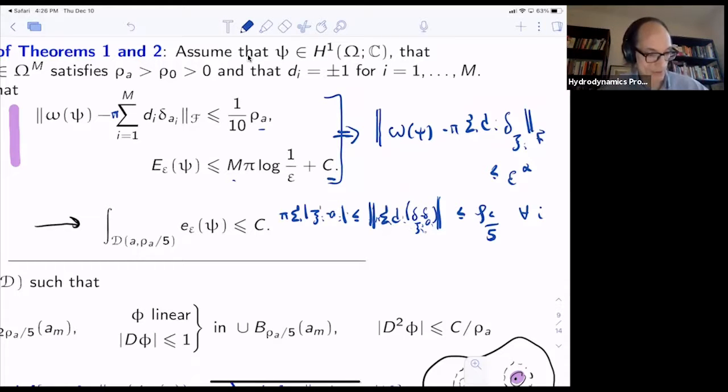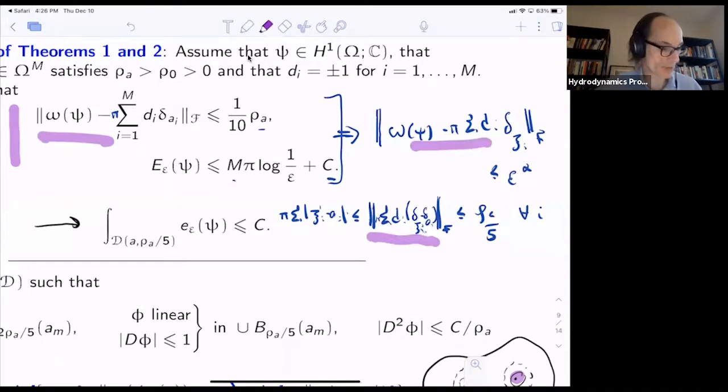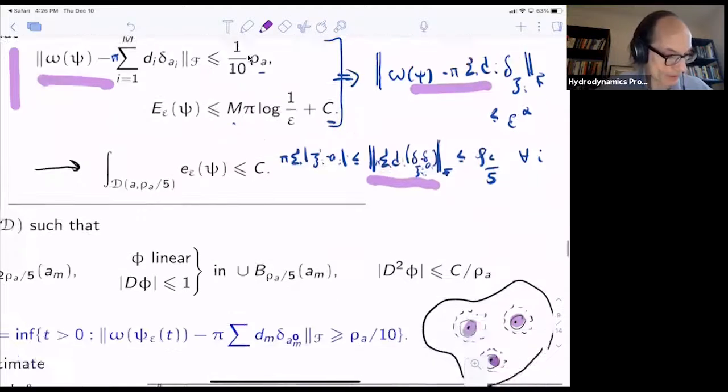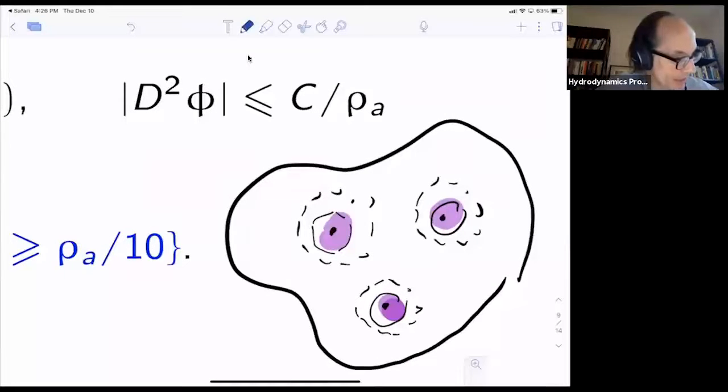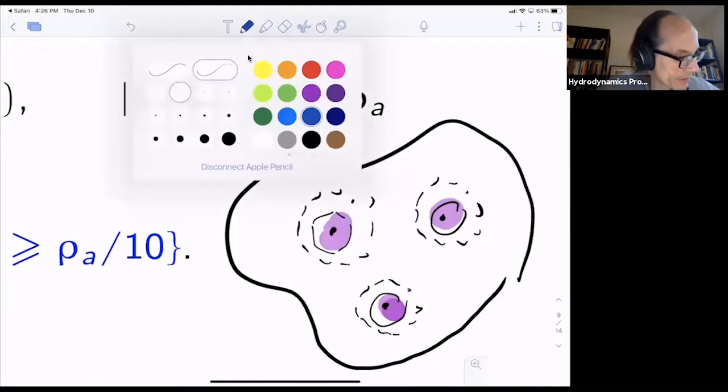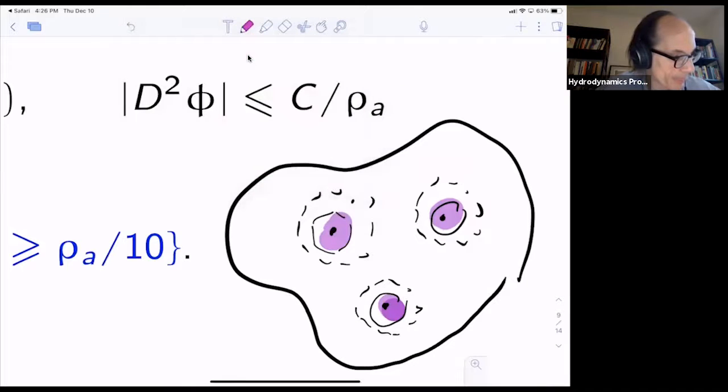And then this distance via the triangle inequality is controlled by the sum of this and the sum of that, and I add and subtract this vorticity of psi epsilon of psi. And so I find these points Xi sub i, and they're near the original points, and the vortex is very sharply concentrated around these new points.